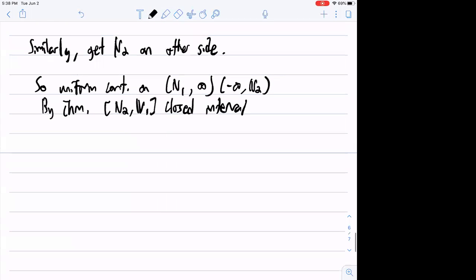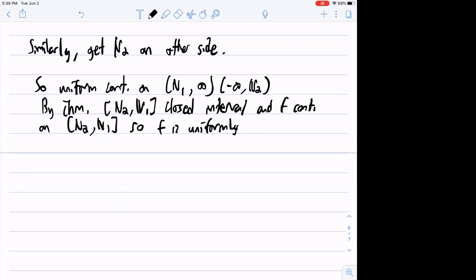So by theorem, n2 to n1 is a closed interval and f is continuous on n2 to n1, so f is uniformly continuous on n2 to n1.